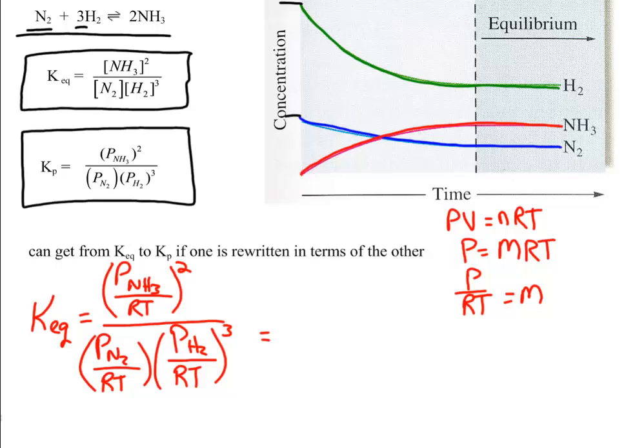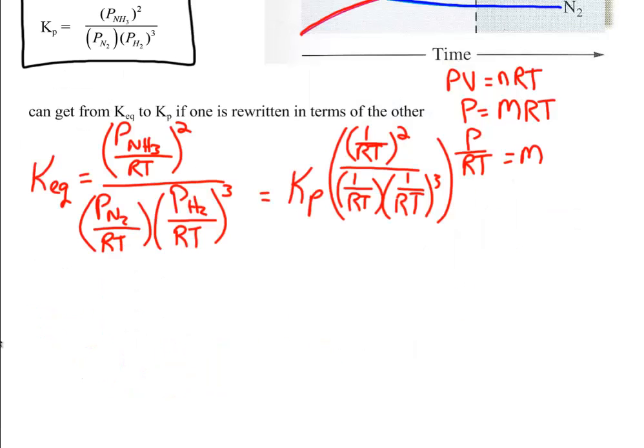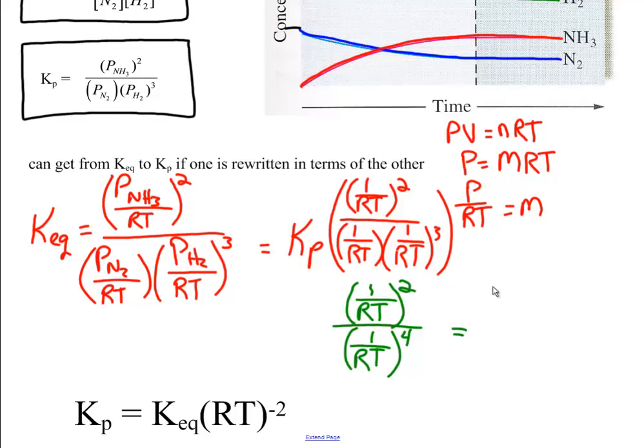So I can rewrite this to say that Kp times 1 over RT squared over 1 over RT times 1 over RT cubed. All right, now I can deal with the RTs. And 1 over RT squared over 1 over RT to the fourth in the denominator reduces to RT squared.